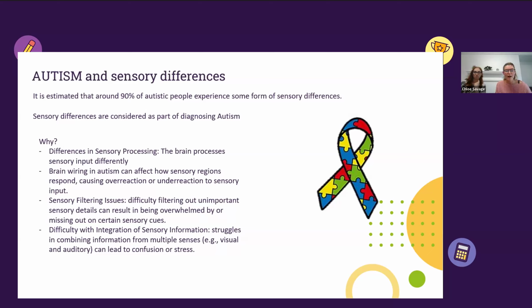It can affect where the signals are sent in the brain, and it can also cause difficulties with filtering out information, making it hard to focus in on certain elements of the senses, which can make someone feel really overwhelmed. When we think of an autistic person, what we might think of is, for example, them covering their ears or becoming agitated when they hear a lot of noise or when they're in a busy environment.